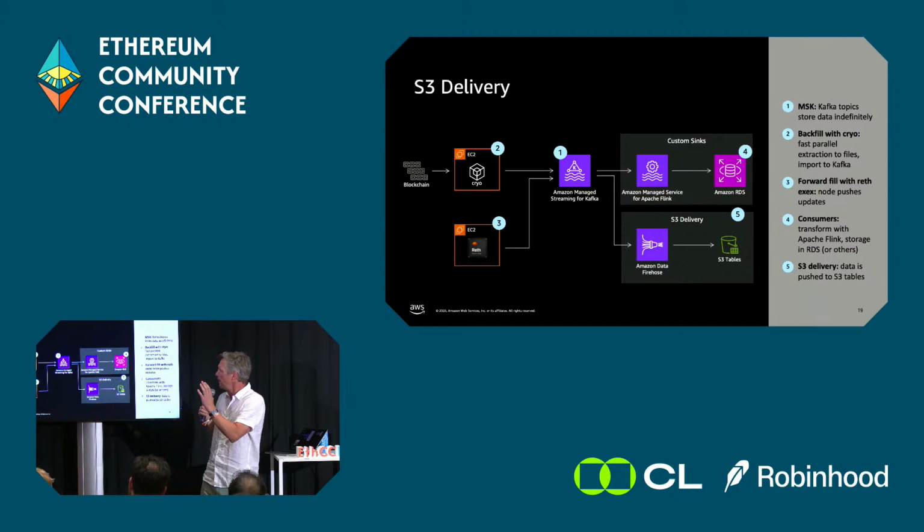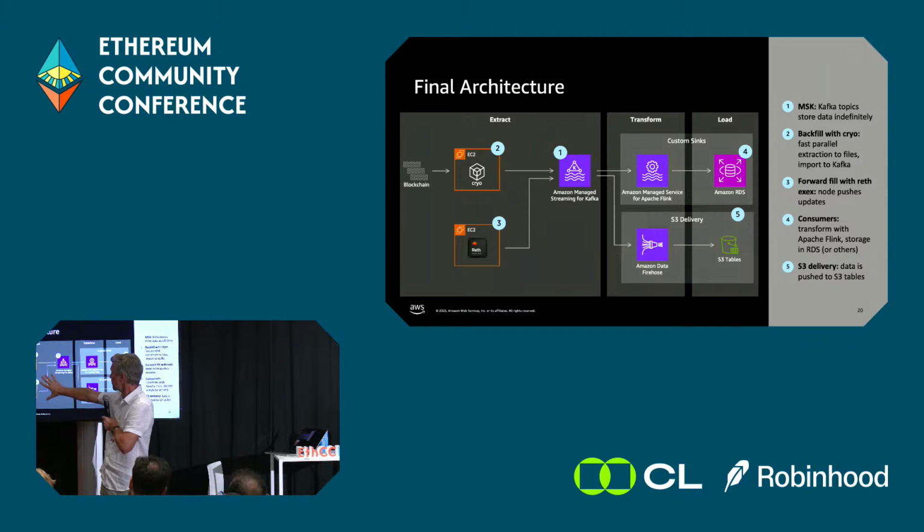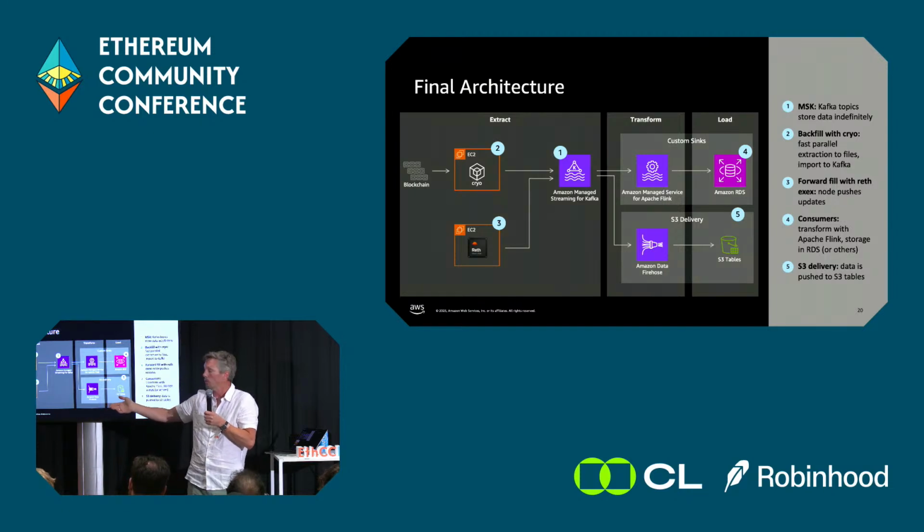So that's basically the architecture of how you can build it on AWS. If you then look at it from the ETL perspective, now we have properly separated concerns, if you will. We have the extraction part, we have the transform part, and then the load part, where we basically store it in some sink so that we can make use of it.